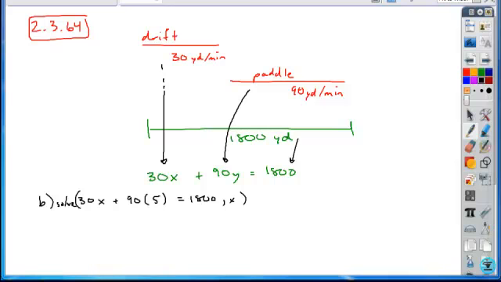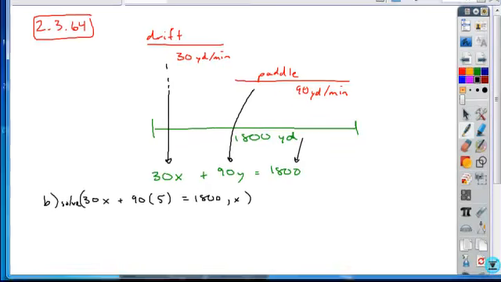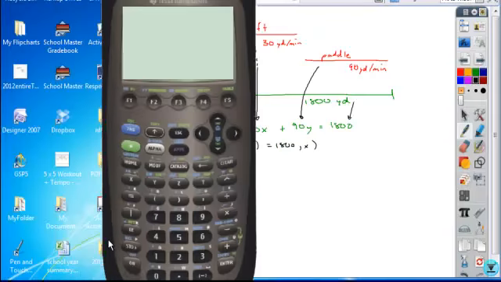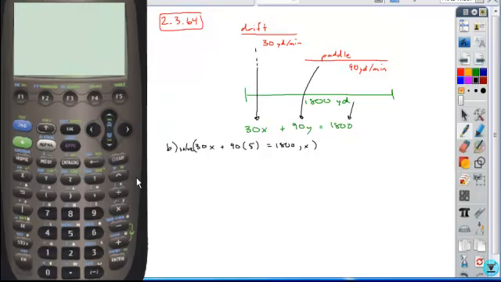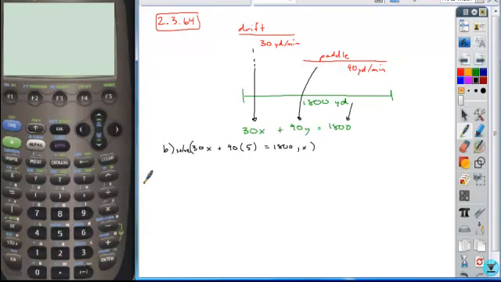Okay, so let's take a look at this. And part of the information from this is to distinguish: they're asking you for the total trip time, not for just the amount spent drifting.